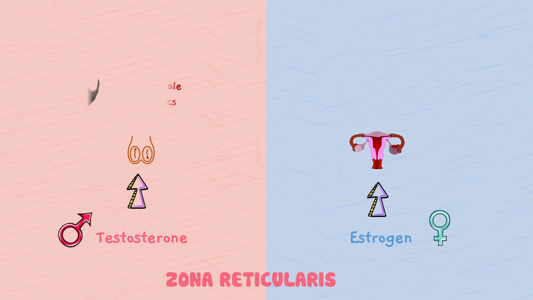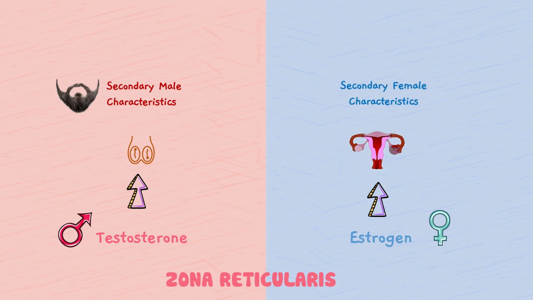Testosterone has a role in developing male reproductive organs and secondary sex characteristics, like increased body hair, facial and chest hair, voice change, and upper body muscular build, while estrogen helps develop and maintain the reproductive system and secondary sex characteristics, like breast and pubic hair.